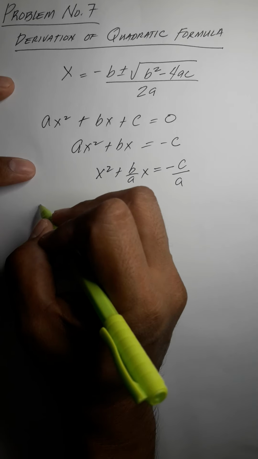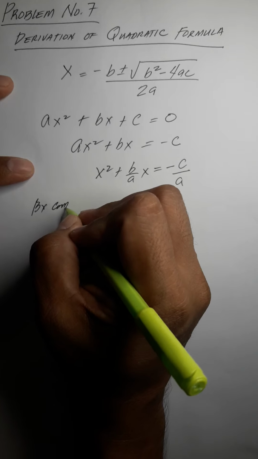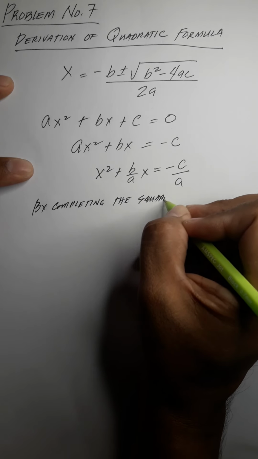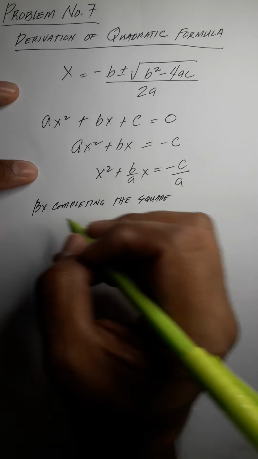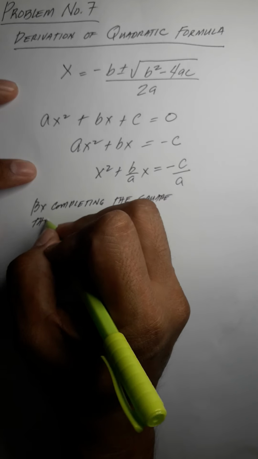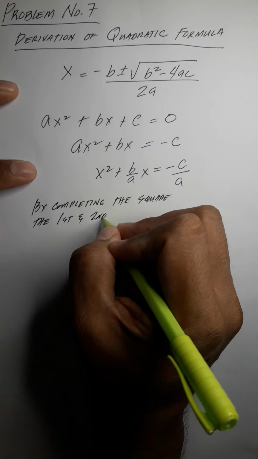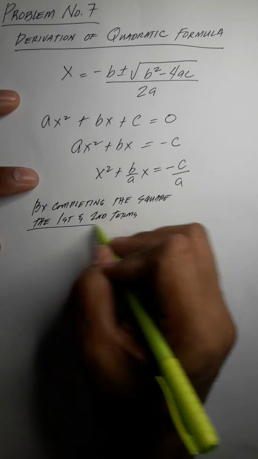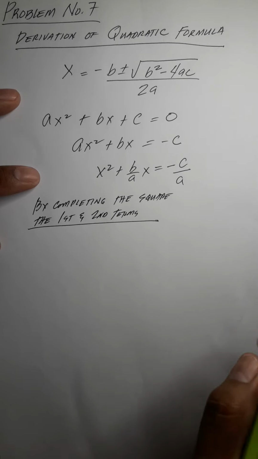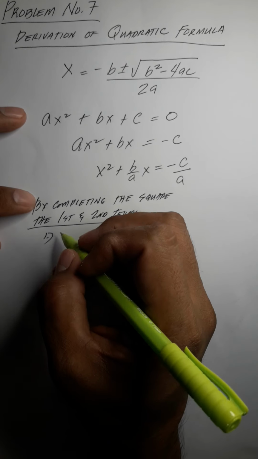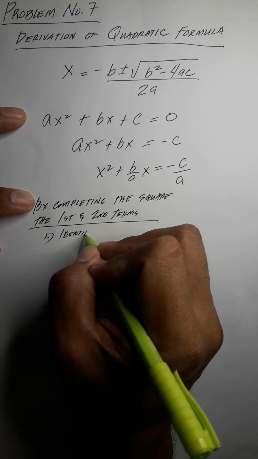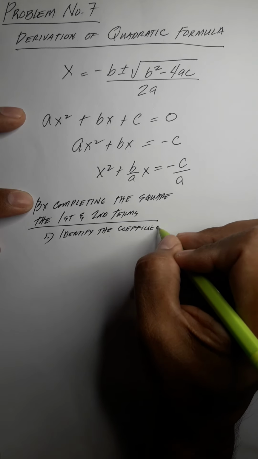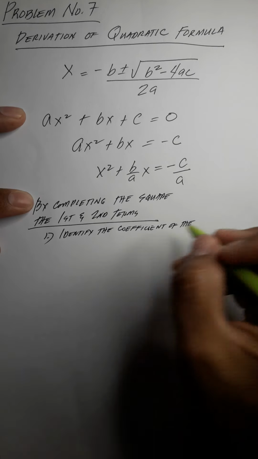So by completing the square on the first and second terms, first we need to identify the coefficient of the second term.